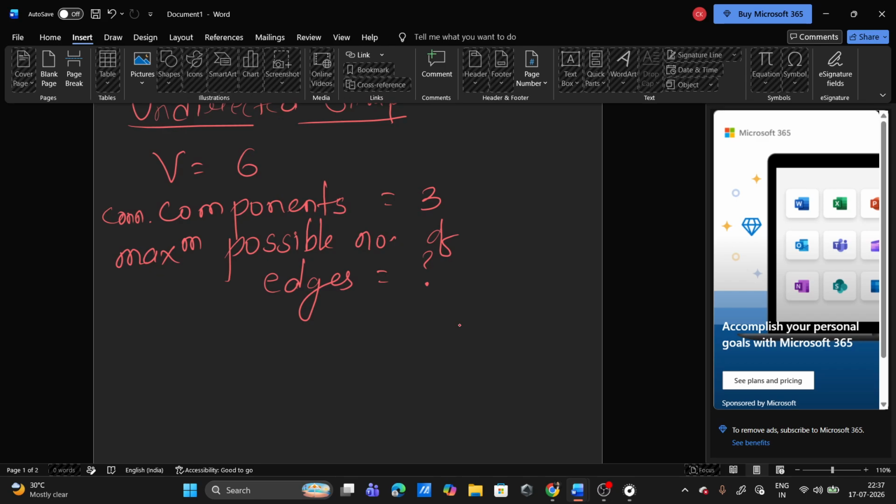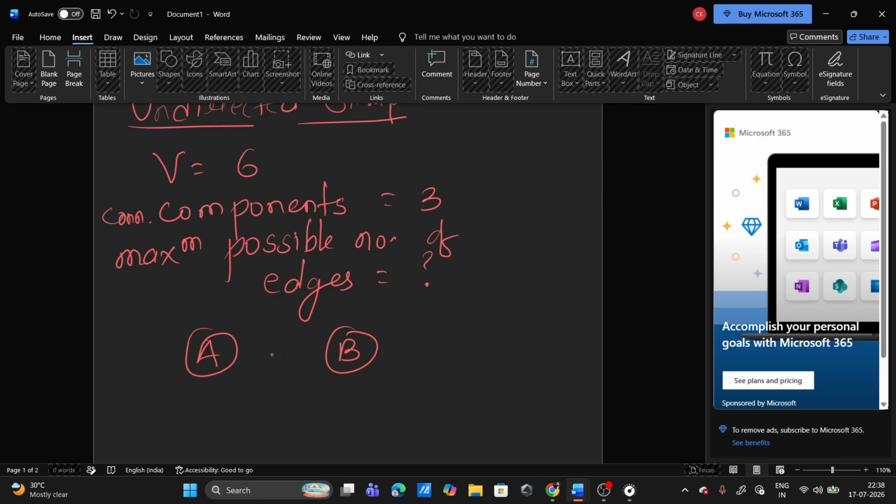All right. So when do we get maximum edges? If you have, let's say, two vertices only, I'll draw it here.